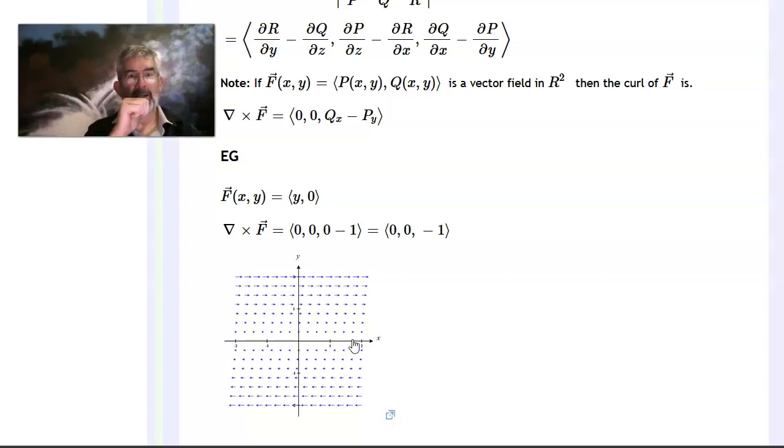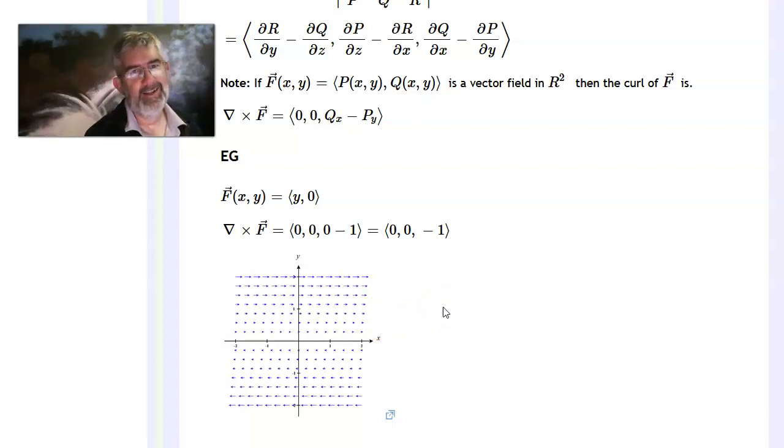If I'm pointing at me, that's away from you. Or if I'm pointing at you, that's away from me. So pointing towards you is out of the screen, pointing towards me is into the screen. Okay. If you think that's confusing, try looking at it from this side. So minus 1. So it's pointing into the screen.